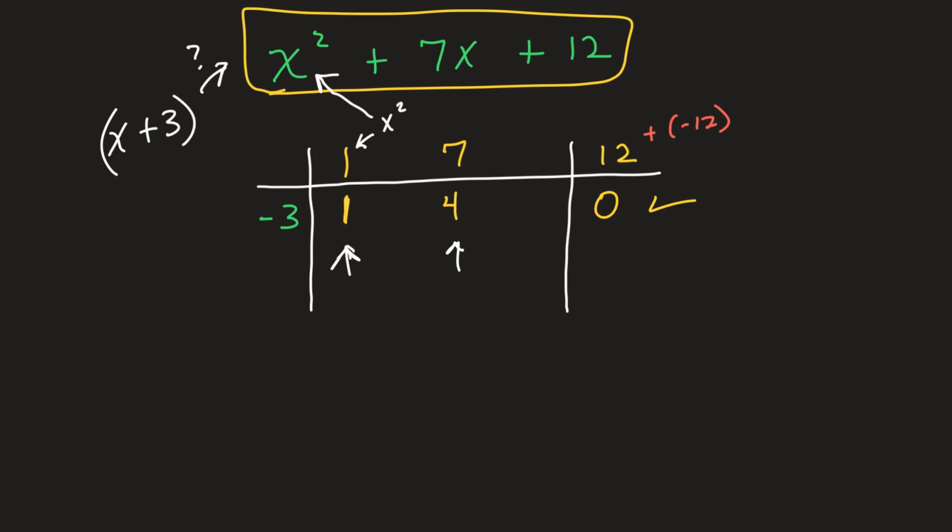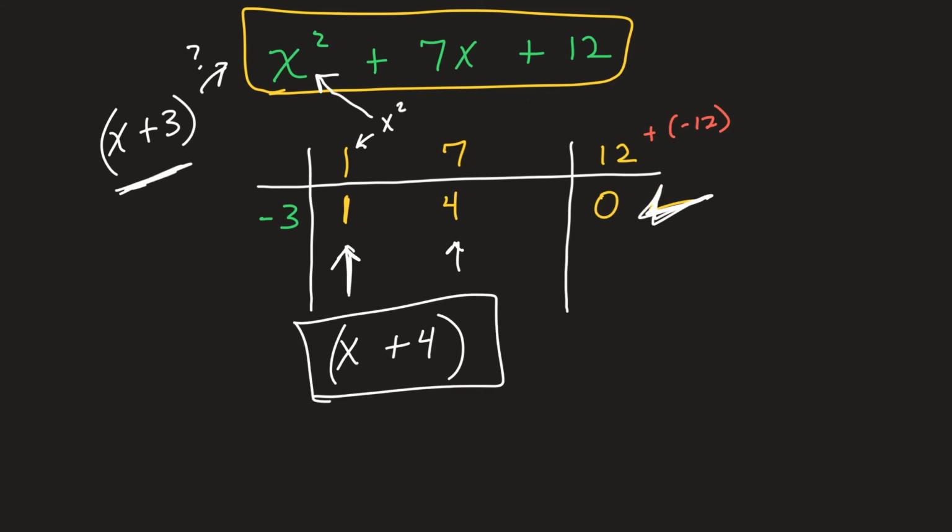So this right here is 1x to the first power, or just x. And then plus 4. So there's my answer. So that indeed is a root, because it had a remainder of 0, and this was the answer to that division. So those are my two factors.